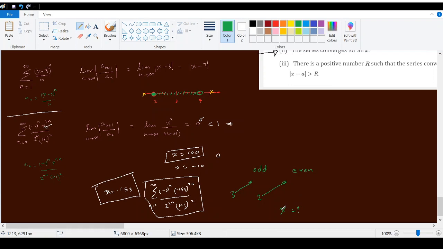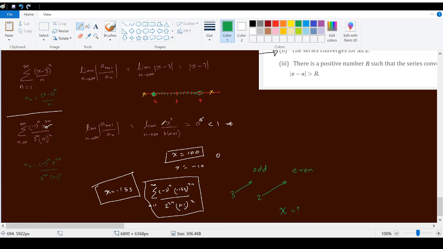So you should have a number instead of this variable in order to categorize it under odd or even. So the same scenario is there for the convergence of a series as well, right? You must have a number to discuss the convergence. Just by keeping it as a variable, we cannot say anything about the convergence.